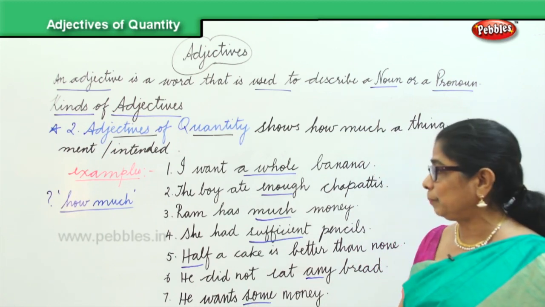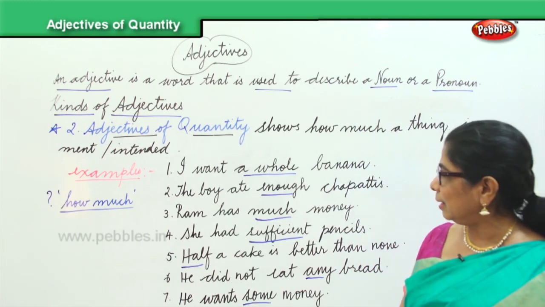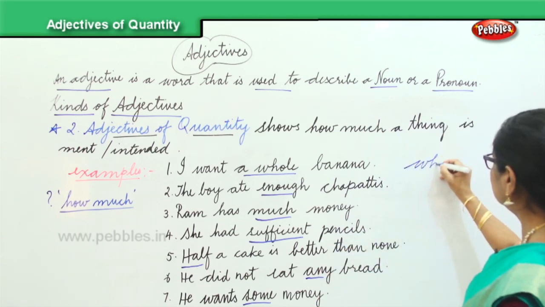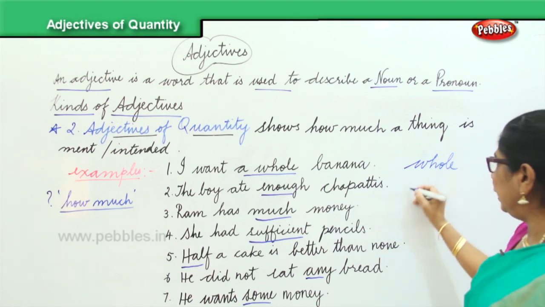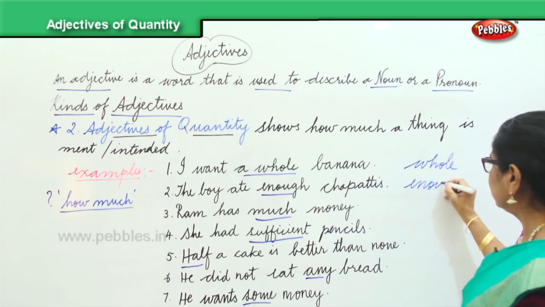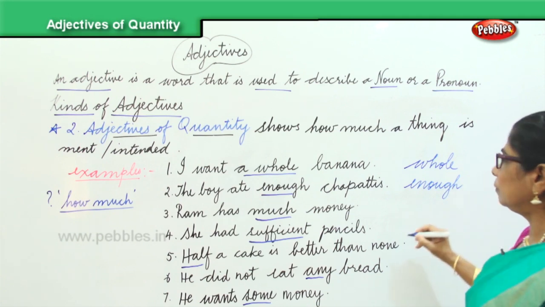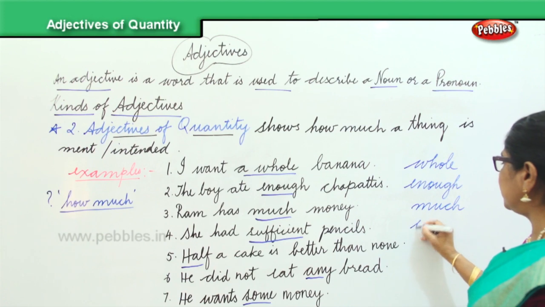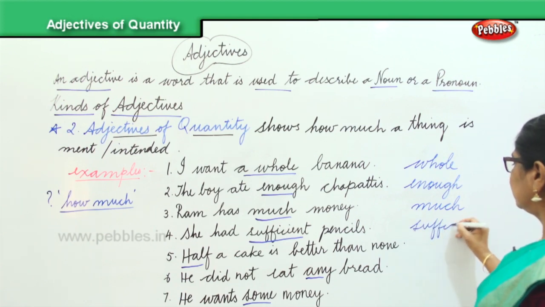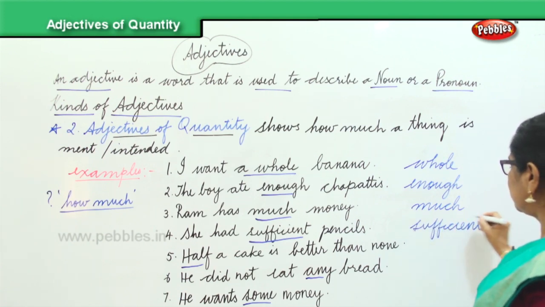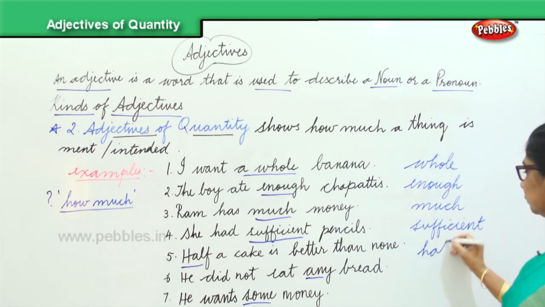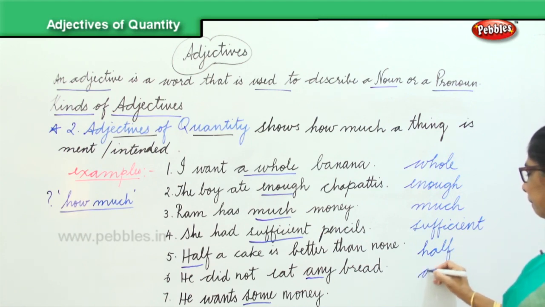Give him some money. So we have words like whole, enough, much, sufficient, then we have half, any, some.